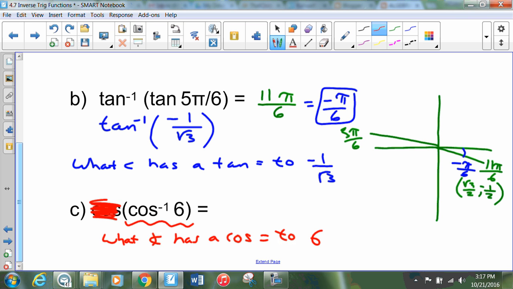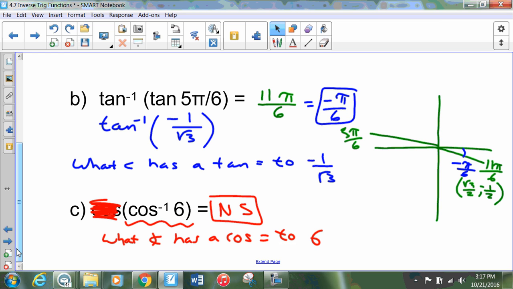Well, the last time I checked in the unit circle, the biggest a cosine of any angle could be equal to was 1. So is there an angle out there that has a cosine equal to 6? No. So there is no solution to this. We can't even go any further, because if we don't have an angle whose cosine is equal to 6, then we can't find the cosine of it.